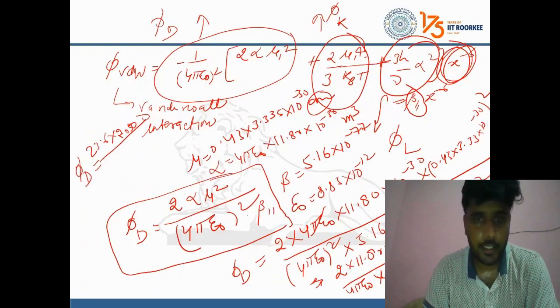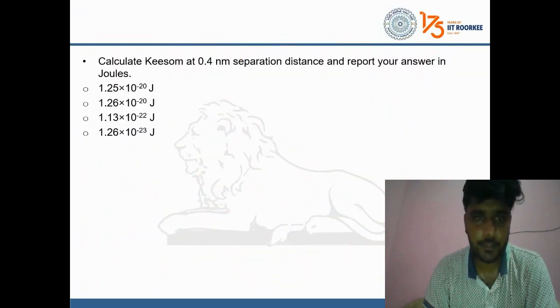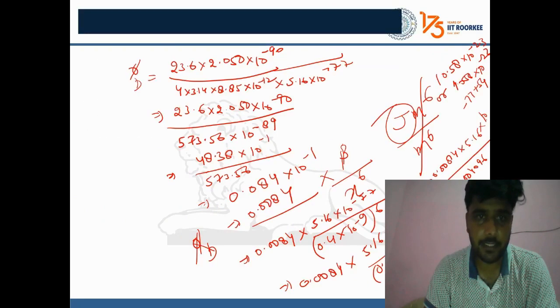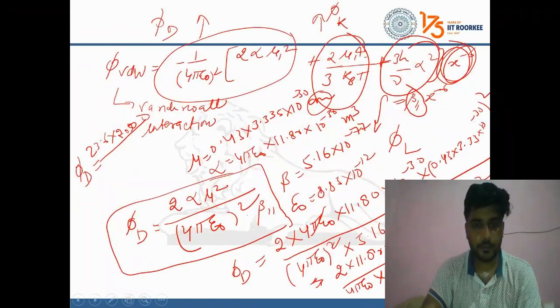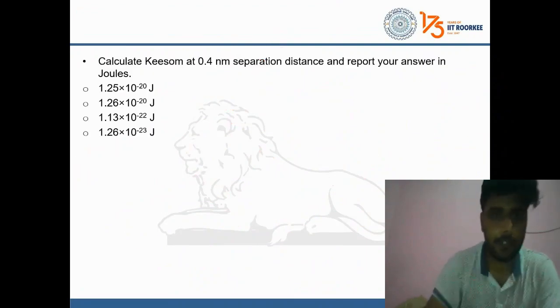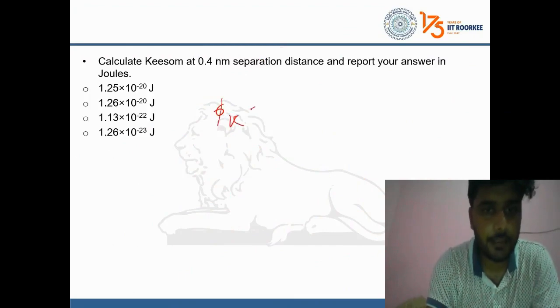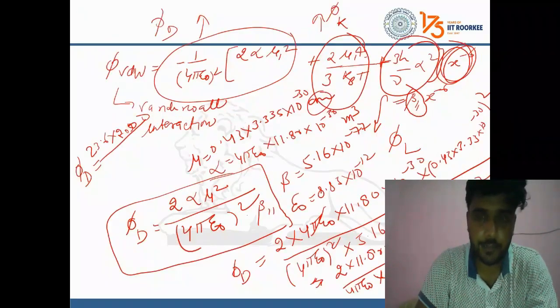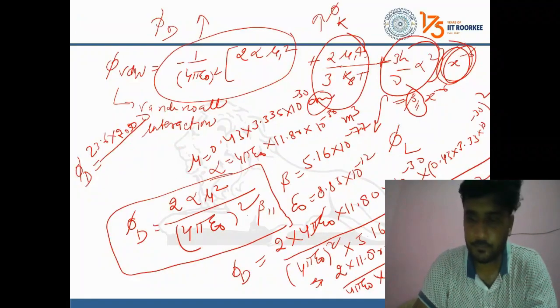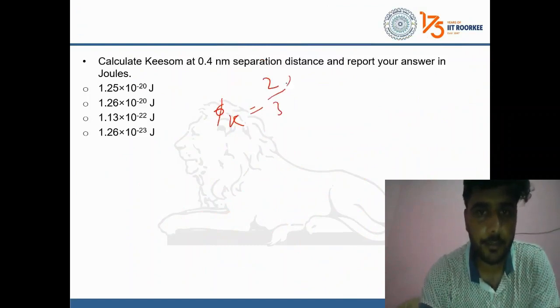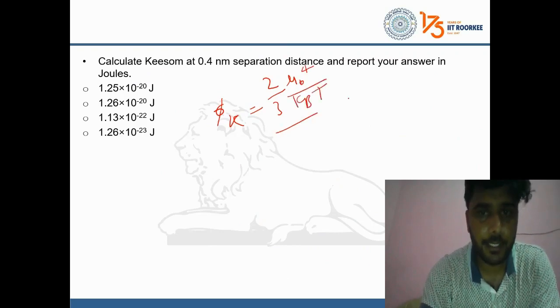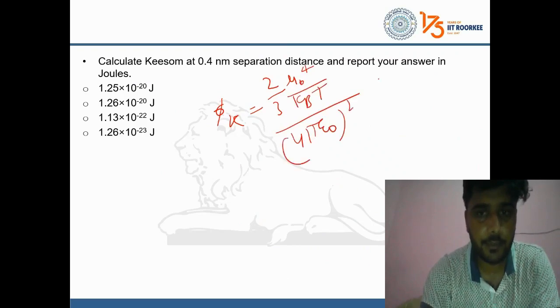Okay, and the next question, you have to calculate the Keesom term. So similarly, for the Keesom term, phi K will be equal to 2 by 3 mu to the fourth divided by kBT, that is 4 pi epsilon naught square.